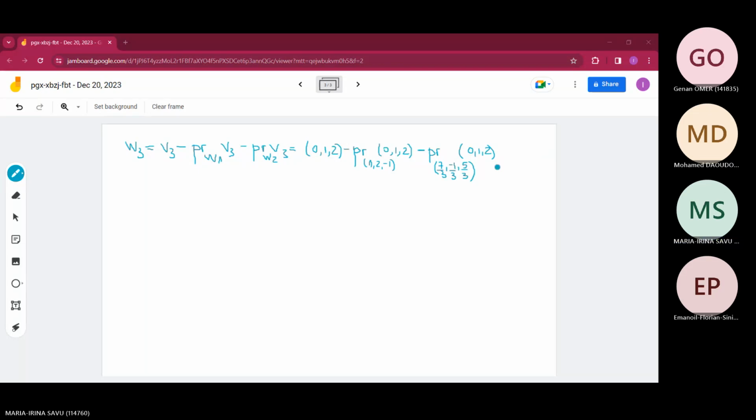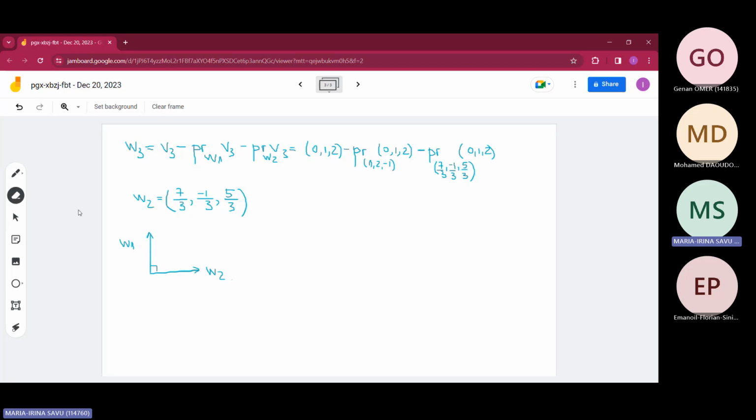We can take a common factor 1 over 3 out of the vector W2. Yes, exactly. You already have W1, which is perpendicular to W2. But you don't like this vector because it has not so nice components. And this is why I'm going to work with a vector which will have integer components.